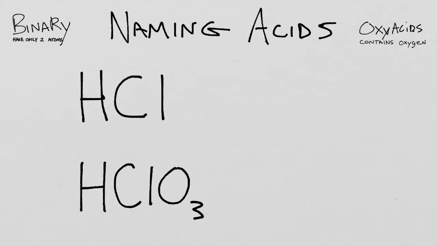And one of these is a binary acid, and one of these is an oxyacid. Now the oxyacid, of course, has oxygen in it. The rule for binary acids is that we say hydro, and then we take the anion and add the ending ic to it. So for this top one, HCl, we would get the name hydrochloric acid.